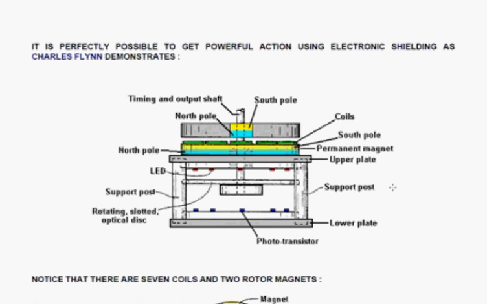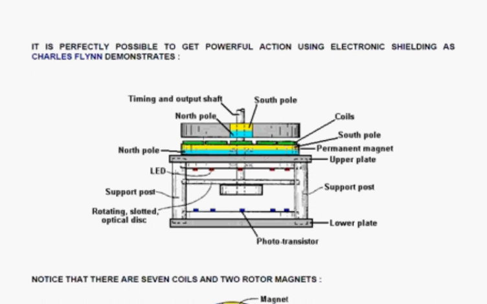There is a very clever user called Charles Flynn, and he demonstrates a way of getting this powerful rotation without having any moving magnets. Now, the way he does that is he takes a disc magnet where the one pole is shown in yellow and one pole is shown in blue.